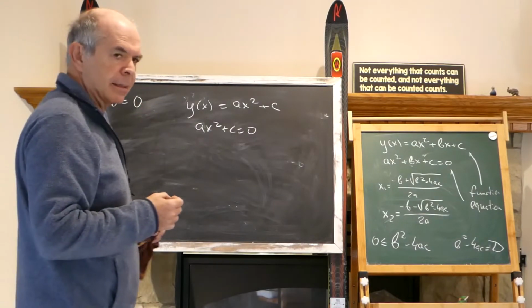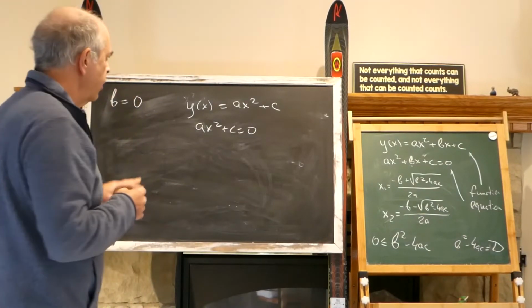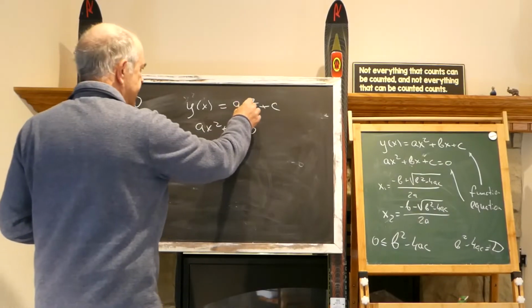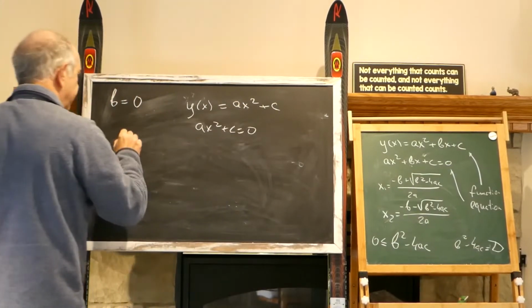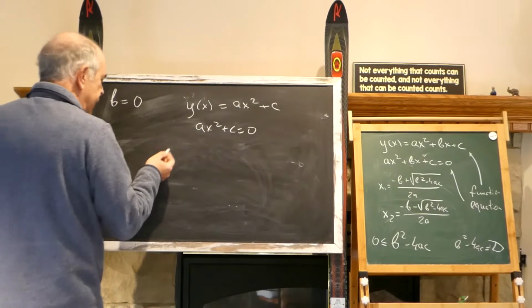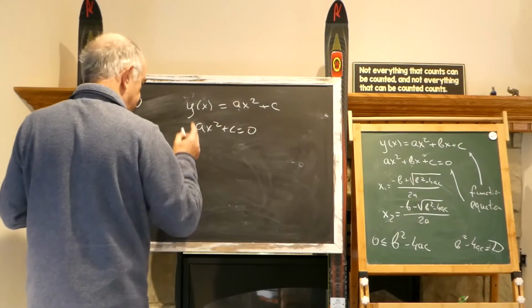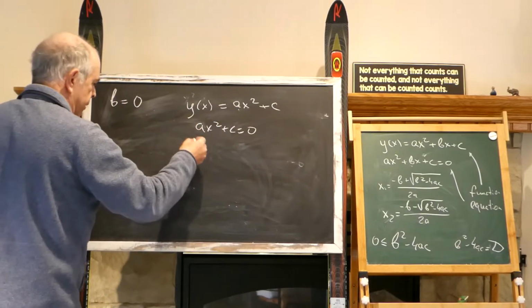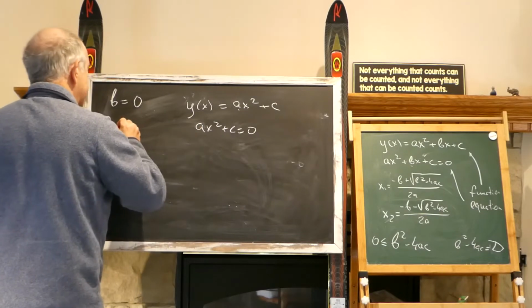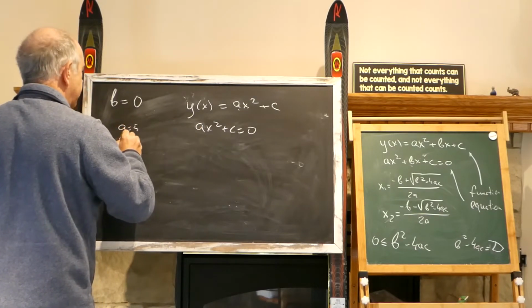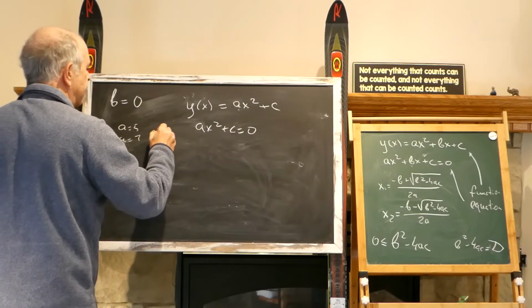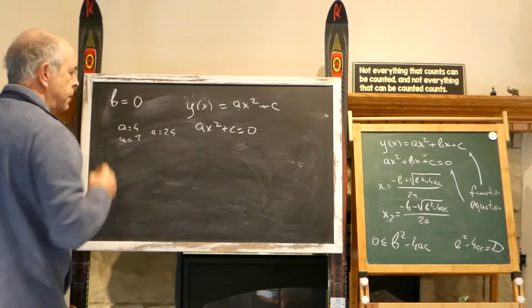And when this is given to you like this, you have to understand that this is the same parabola, and the parabola is up, when for example a is equal 5, or a is equal 7, or a is equal 2.5. It will always be like this.